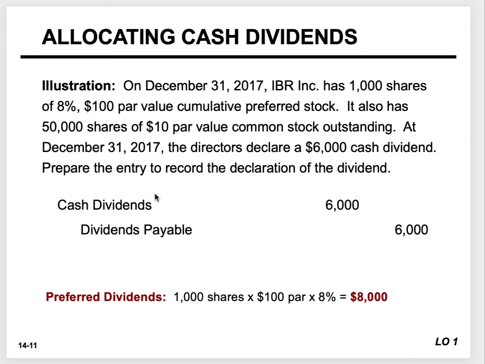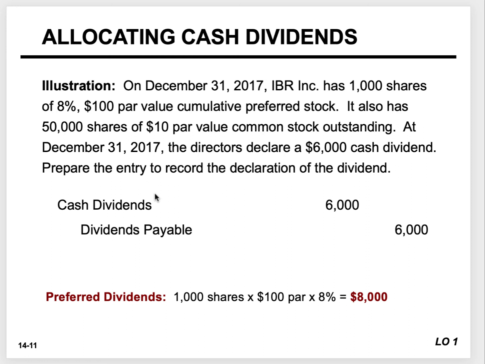So let's look at December 31st, 2017. The directors declare a $6,000 cash dividend. We need to prepare the journal entry as of the declaration date of the dividend. Remember, declaration date, that's when we have a legal obligation, that's when I have to do a journal entry. What journal entry am I going to do?